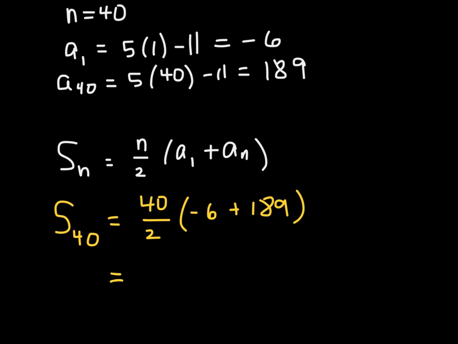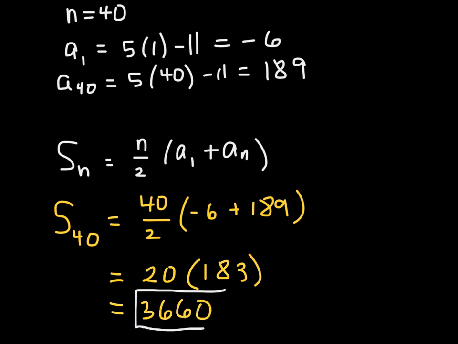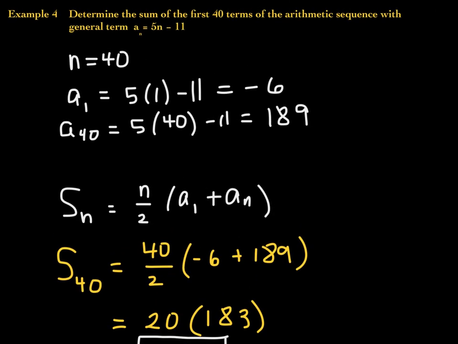All right, so then this would be 20 times 183, which gives us 3,660. This right here is the sum of the first 40 terms of this sequence that has this general term. Isn't that pretty great? All because of the partial sum formula. Awesome.